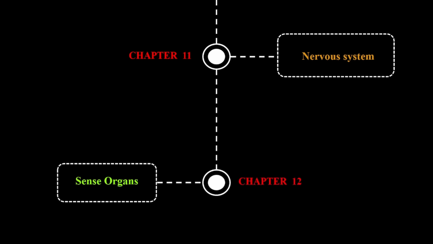Our next chapter is of sense organs. Which are the sense organs related to anatomy and physiology? Which are the sense organs? Eye, ear, skin, tongue and nose, and different descriptions related to each organ. Our next chapter is urinary system.